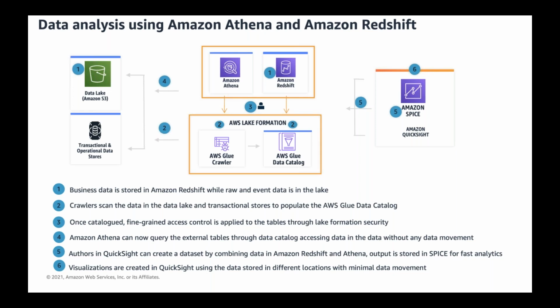So Glue provides comprehensive data integration capabilities between all these services, as the name would imply, that make it easy to discover, prepare, and combine. And then Redshift can easily query data in your S3 data lake as well.